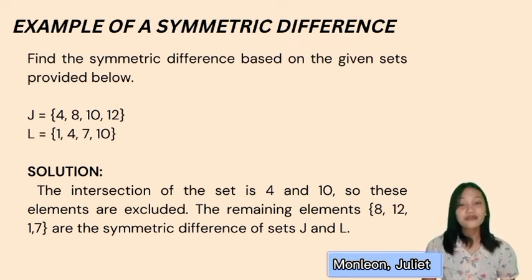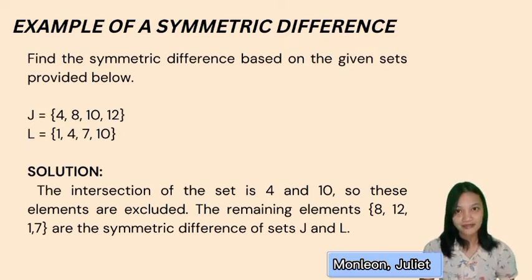In finding the symmetric difference of these sets, we should first identify the intersection of the sets, which are the elements 4 and 10. Based on the definition that we learned, we should exclude the intersection of the sets. That is why the remaining elements are the symmetric difference, and those are 8, 12, 1, and 7.